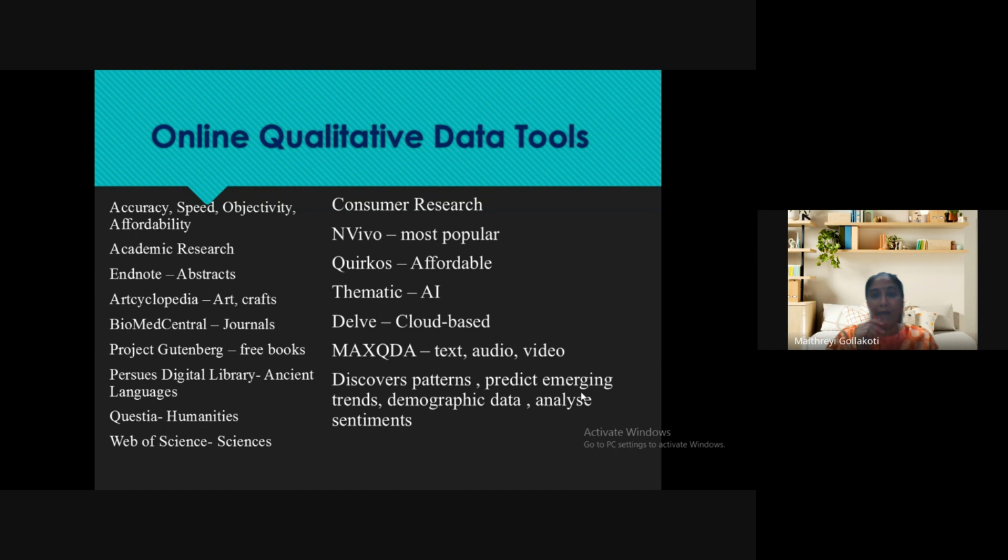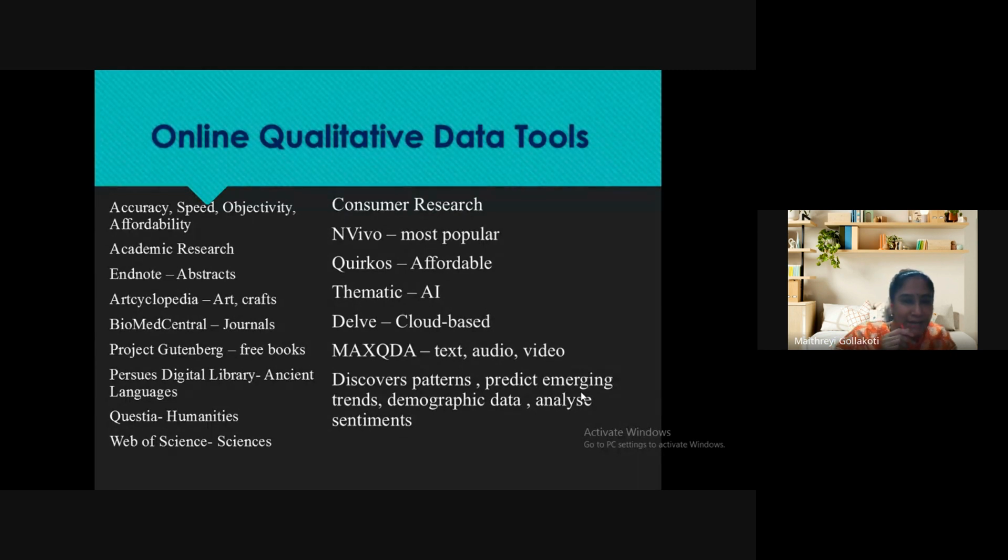Now let me read out the tools. There are actually hundreds of tools, but I am giving you only the most important tools. If you are interested, you can log into any website and see these tools for yourself. Okay.